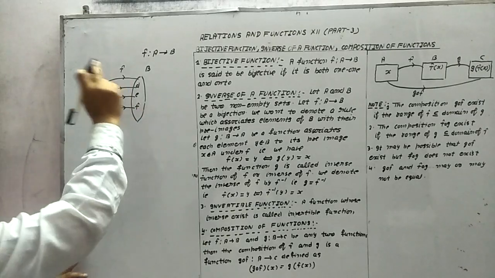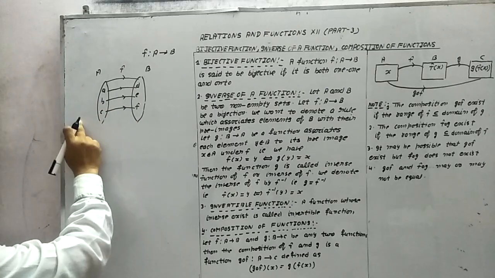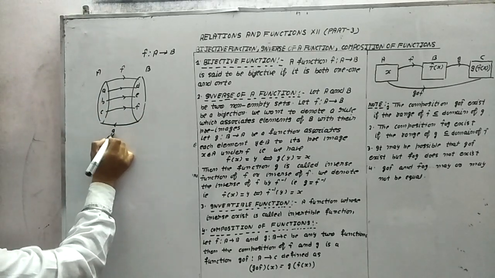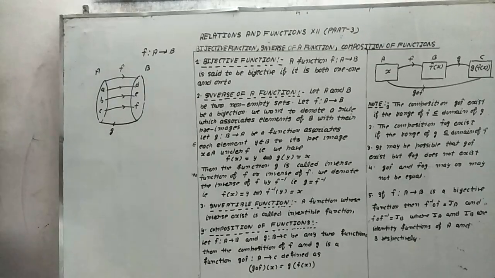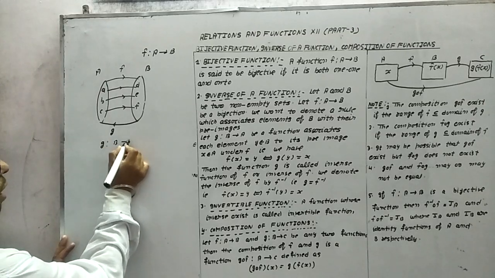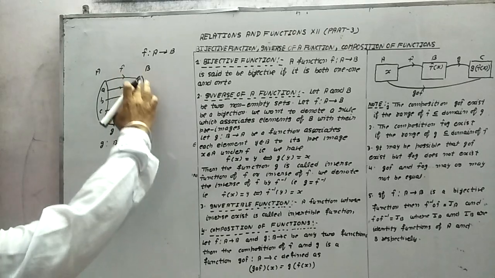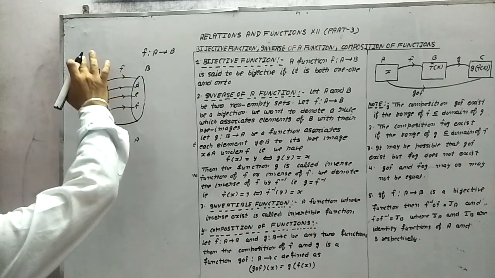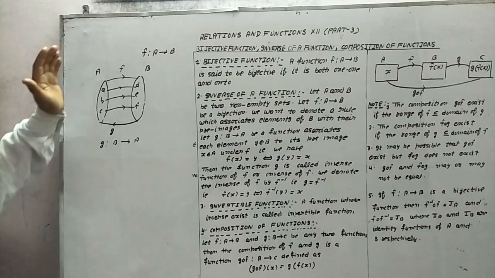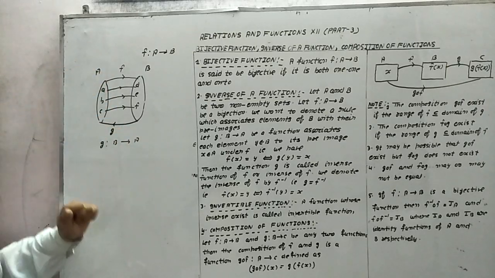That means if we map D to A, E to B, F to C, then we will give the name G to this function. So we can consider G from B to A to be a function. It means B will work as the domain and set A will work as the codomain. So whenever a function is one-one onto, then we will get the inverse of this function.